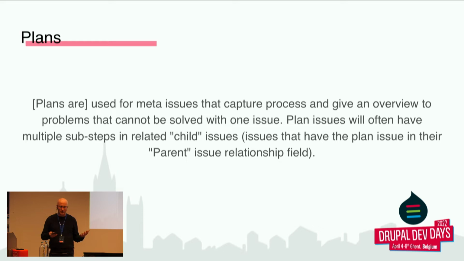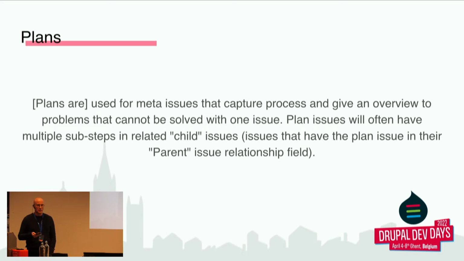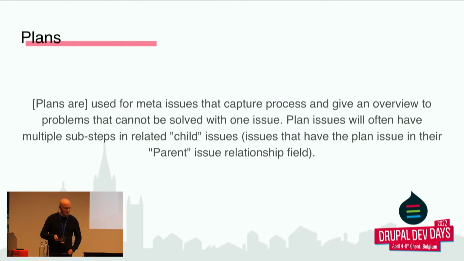So you have a plan for the whole thing, and then it might have several child issues to get the whole thing done. And those child issues will also be tied to the parent issue with the parent issue relationship field.